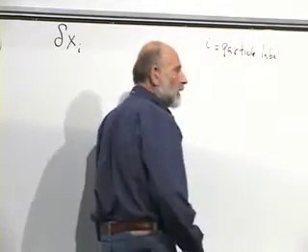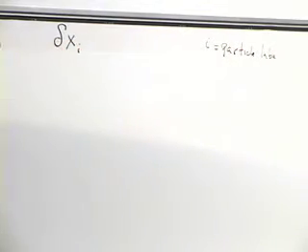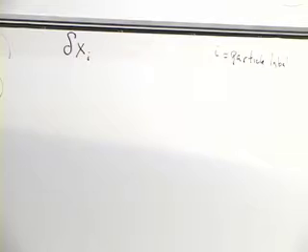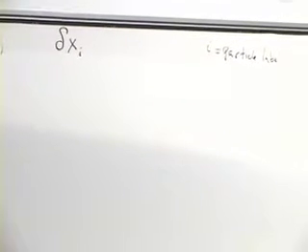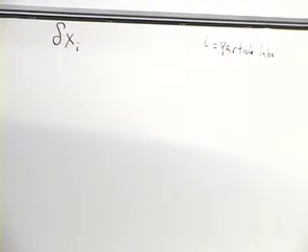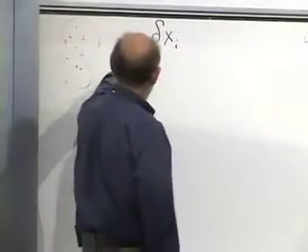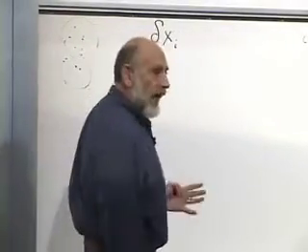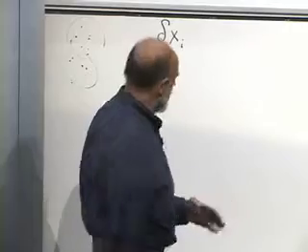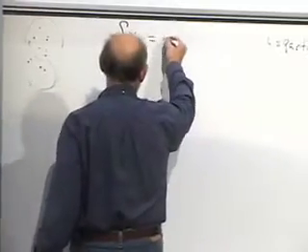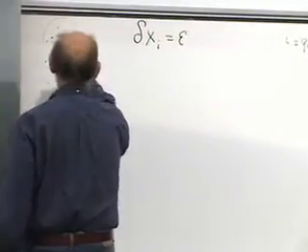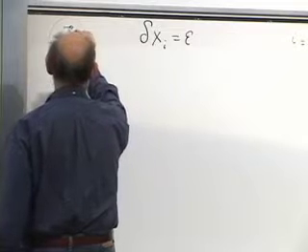If there are 100 particles, then I goes from 1 to 100. It does not label the directions of space. The directions of space are just x, y, and z. So delta x sub I means the change in the x coordinate of the ith particle, and that's just epsilon.